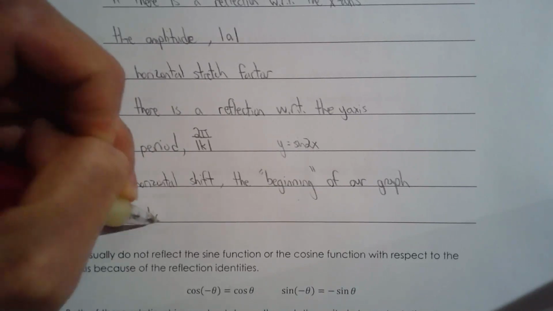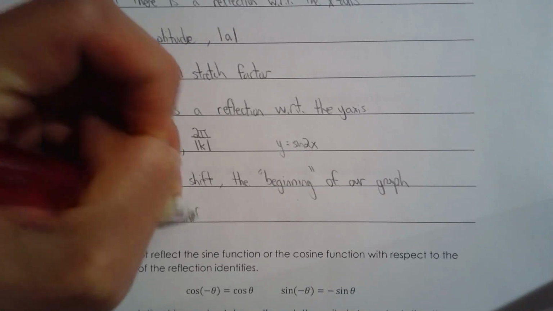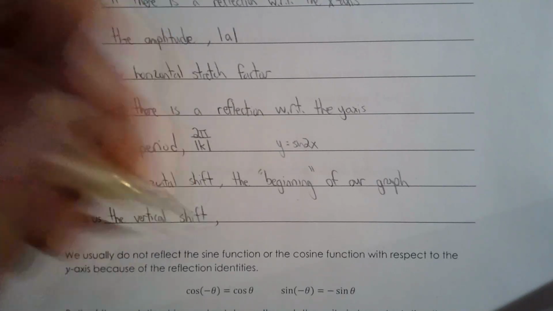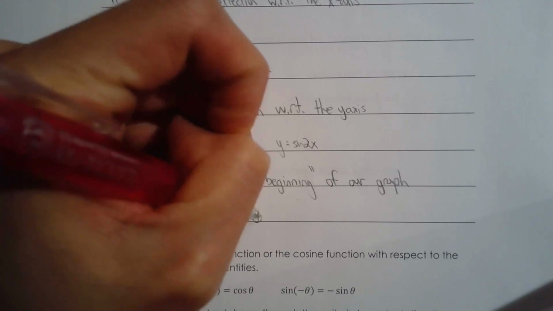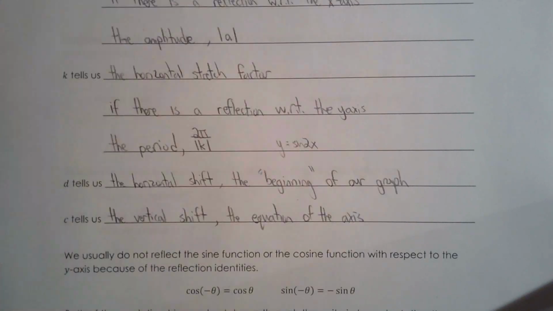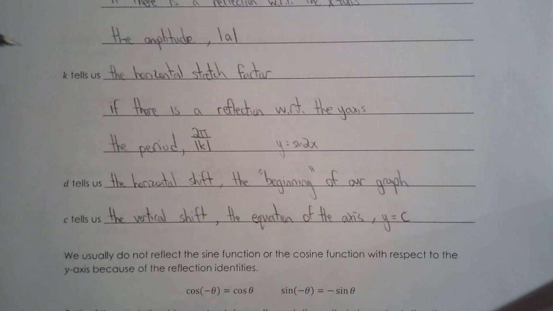Okay. C tells us the vertical shift. And it also gives us the equation of the axis, which is y equals c. Okay, so your vertical translation dictates where the middle of the wave is going to be.